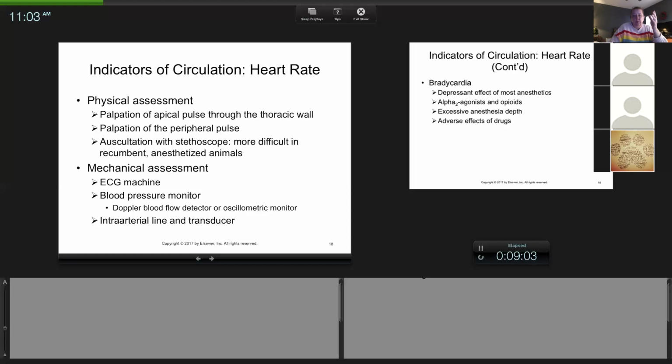The other thing that we could do is we do use in surgery something called an esophageal stethoscope, which is a tube, and this is probably one of my favorite monitors, and it's cheap. There's no reason a clinic cannot have one of these. No reason. Unless your boss is ultra cheap, which would upset me, because it's a clear tube.